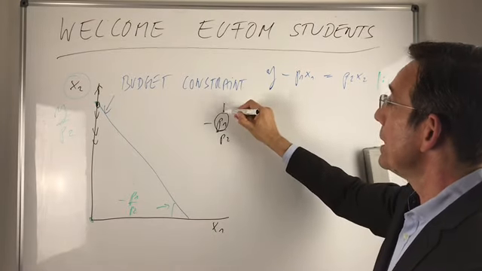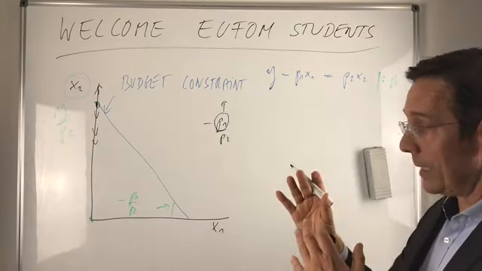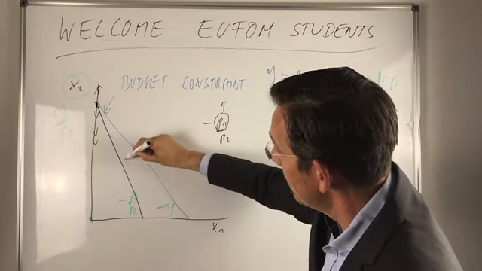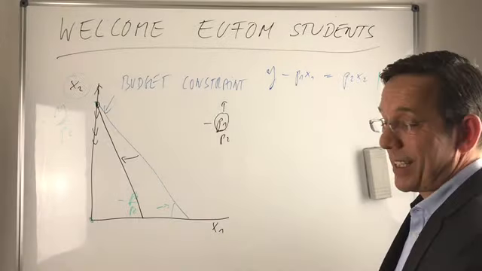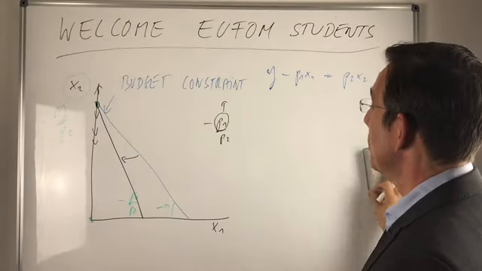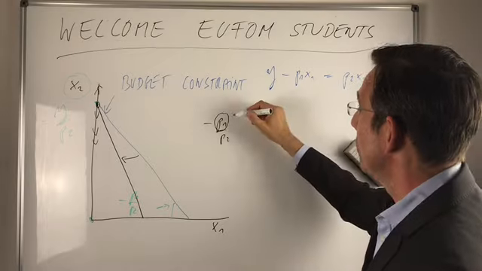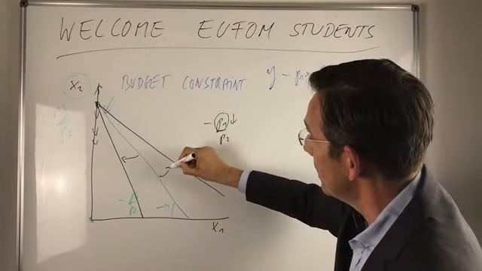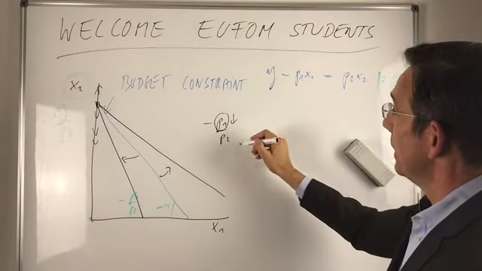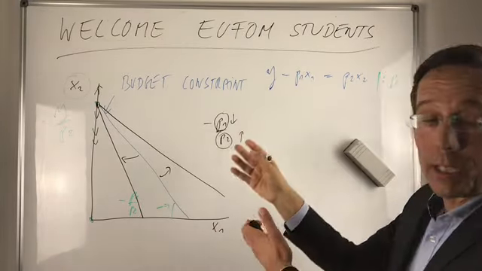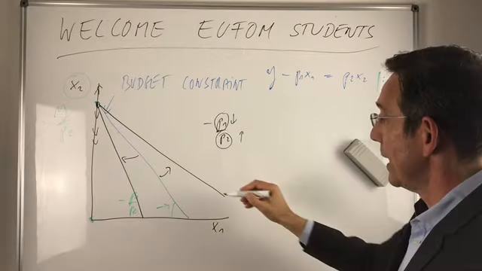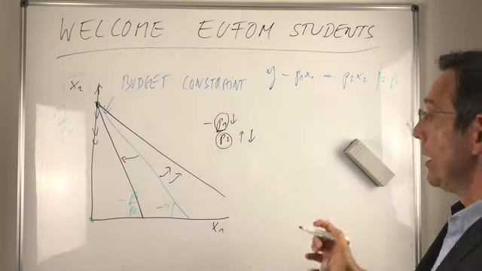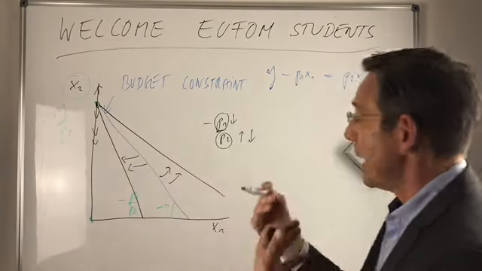So if you increase P1, then the slope gets higher, meaning that here now the budget constraint gets steeper. If you do it the other way around, you decrease the price, then you would see that the slope is getting flatter, right? And if you increase P2, then once again it would get flatter, and if you decrease P2, then this would get steeper.